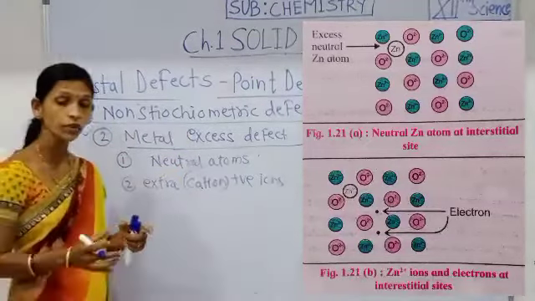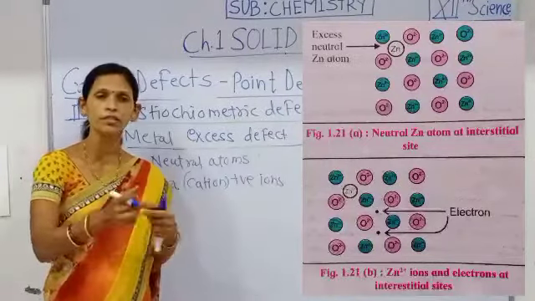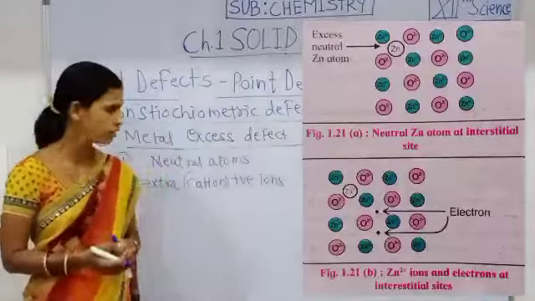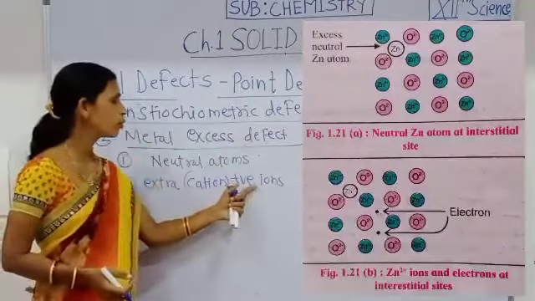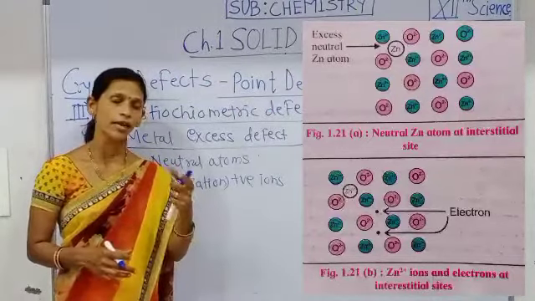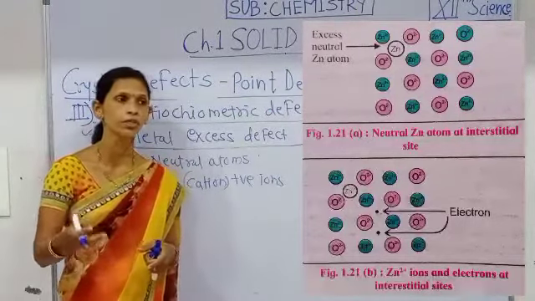That means if a neutral atom occupies the interstitial space, then a metal excess defect is obtained, or if extra positive ions occupy the interstitial space, then a metal excess defect is also produced.